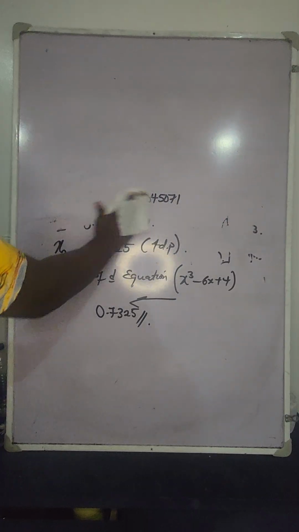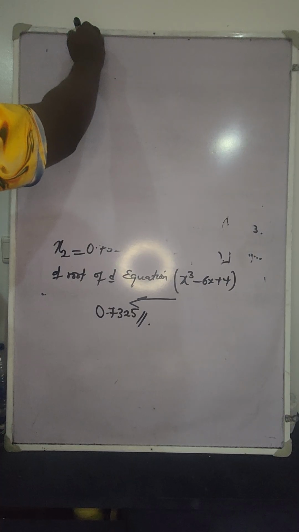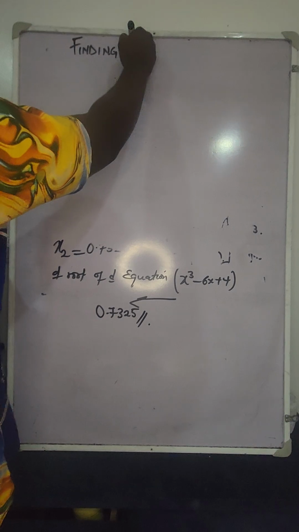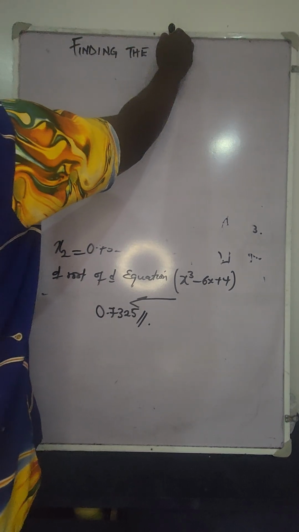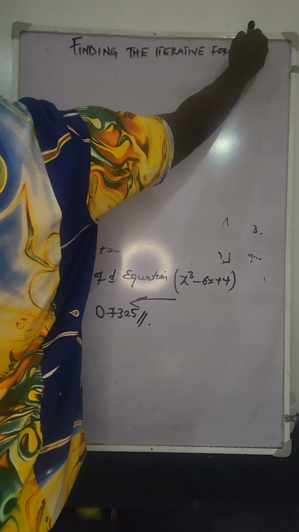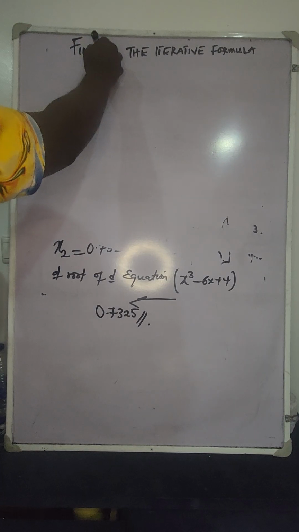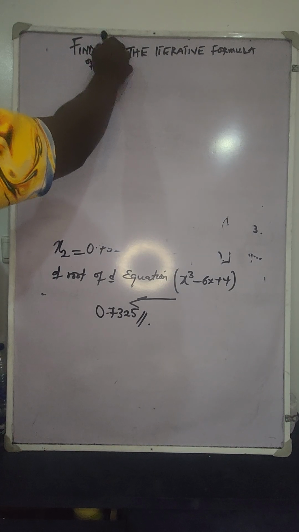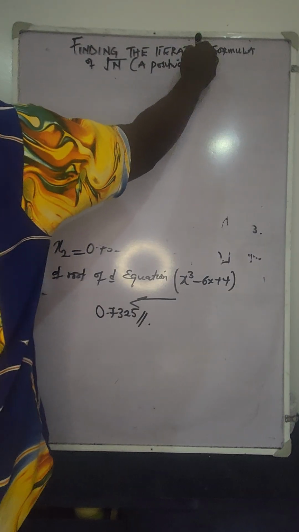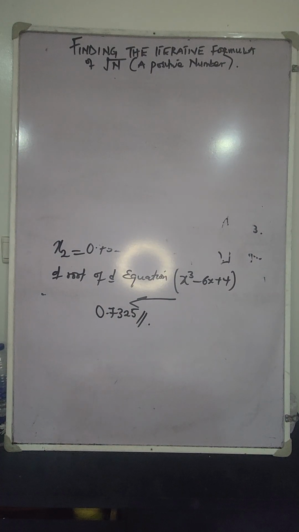There is a subtopic where we shall be finding the iterative formula of square root of a positive number. Finding the iterative formula of square root of a positive number.